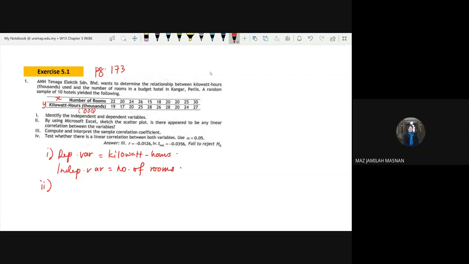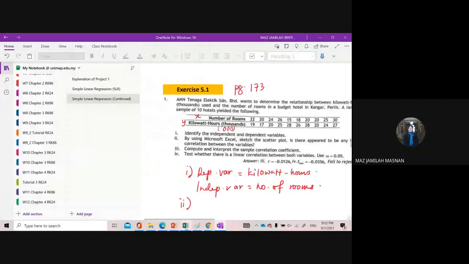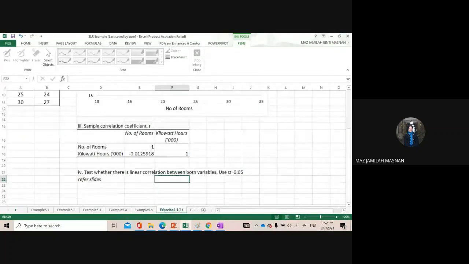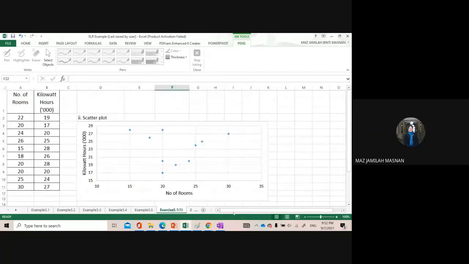So let us see how we can do this in Excel. Example 5.5, exercise 5.1. We have our data here, number of rooms and kilowatt hours.